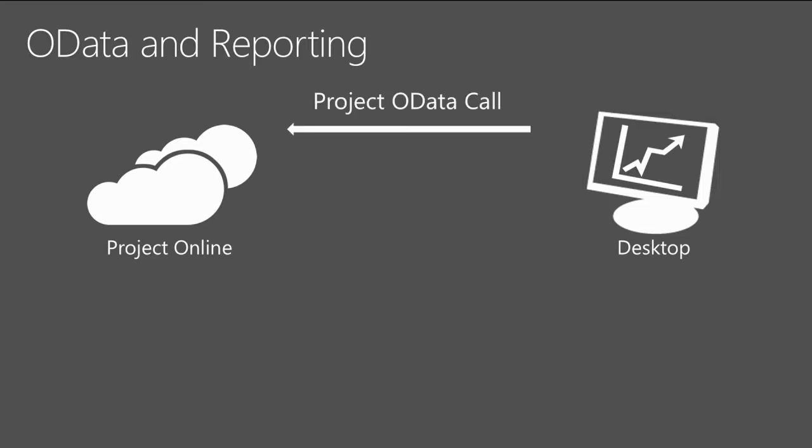One of them is that when you make a project OData call, we implemented the concept of paging. So if you request 2,000 rows and the page size is 200, making that one call will result in 10 requests. We are bringing 200 records at a time.